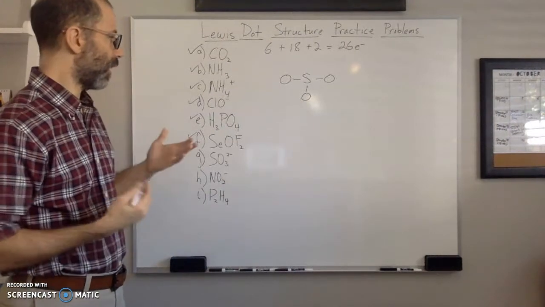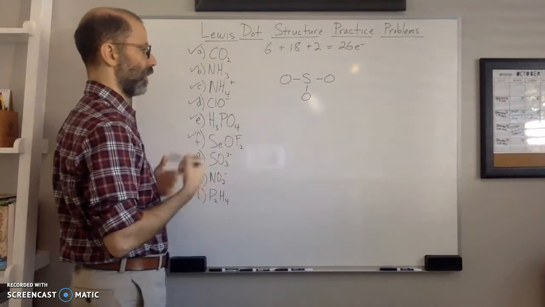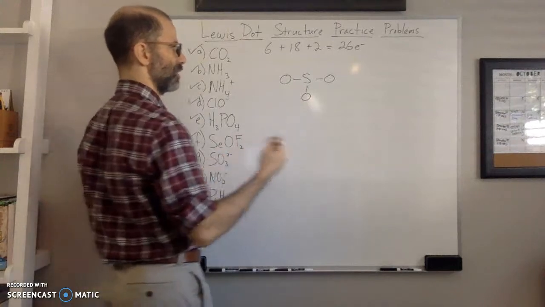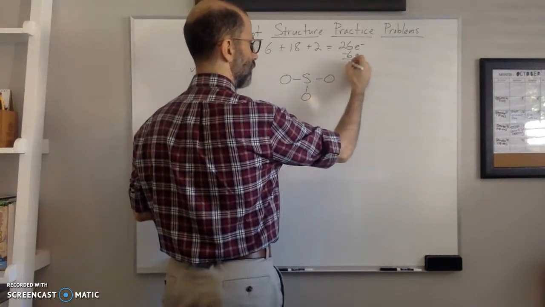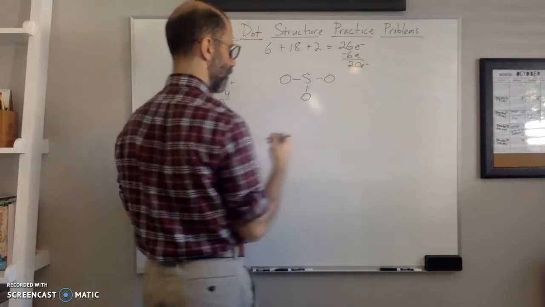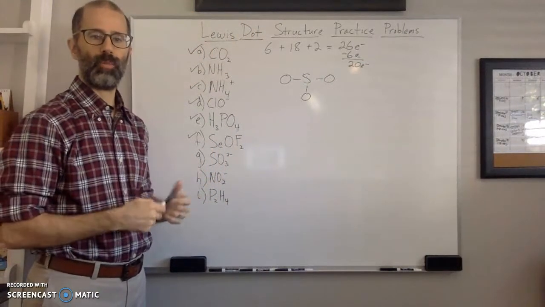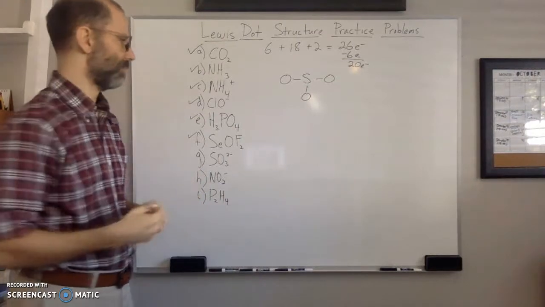Okay, so I've used 3 bonds, so I need to subtract electrons. So 3 times 2 gives me 6 electrons that I used up. So I used up those electrons, and now I have 20 electrons left over. Third step is I need to add lone pairs to my outer atoms to give them an octet.